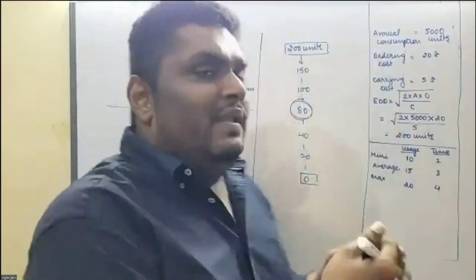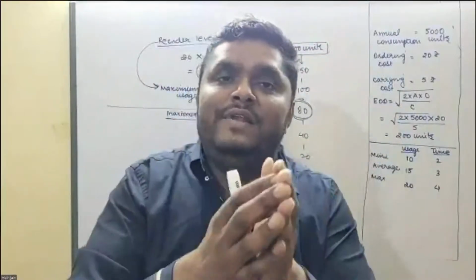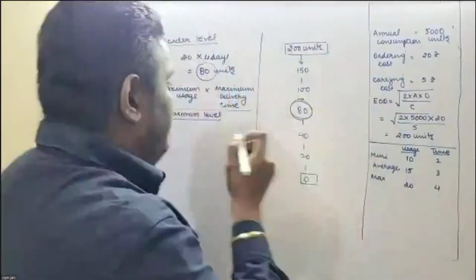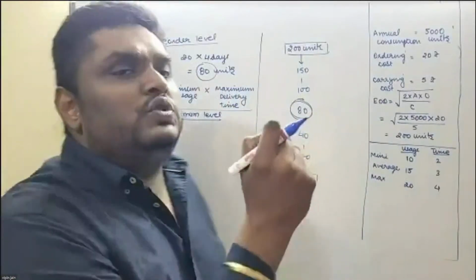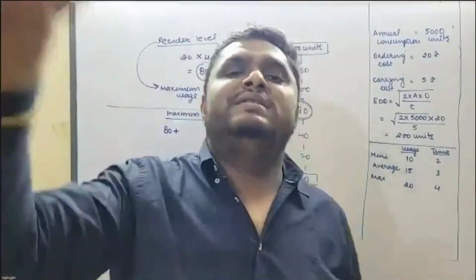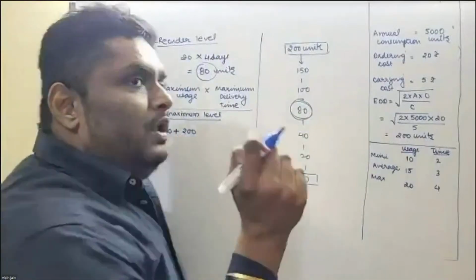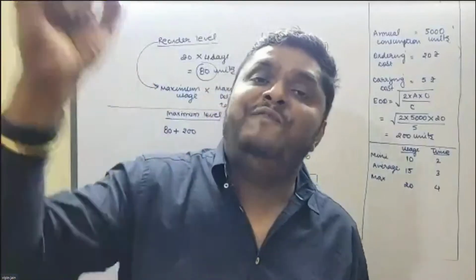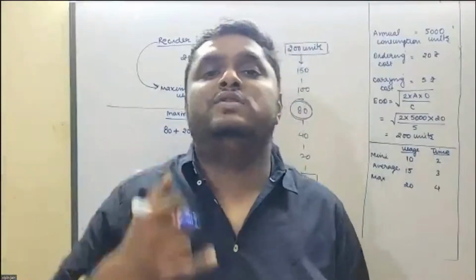Now, let's say 200 units we received. Slowly my stock was reducing and it goes to the level of 80. As soon as it goes to the level of 80, I place an order of how many units? 200 units. Now let's take a situation: I placed an order of 200 units and after 3 hours, the supplier provided me these 200 units.